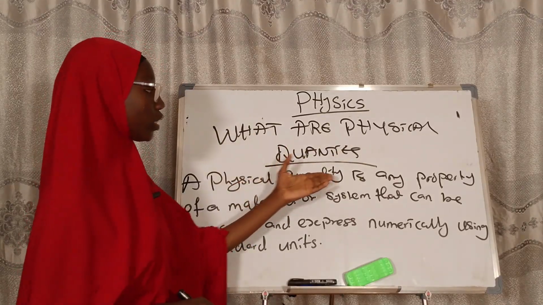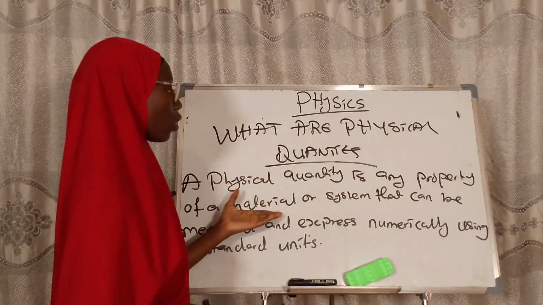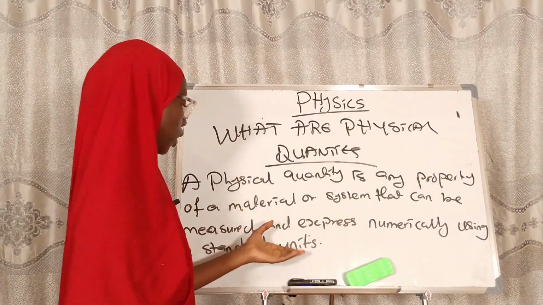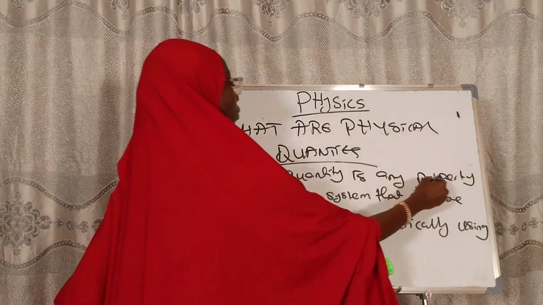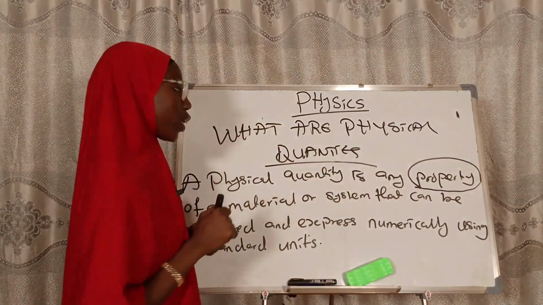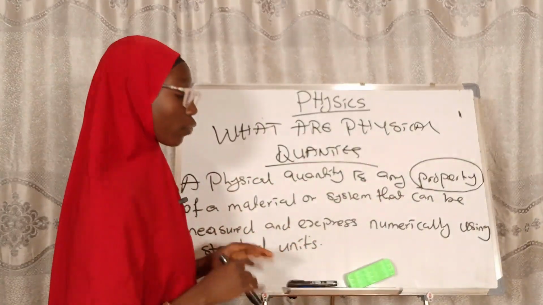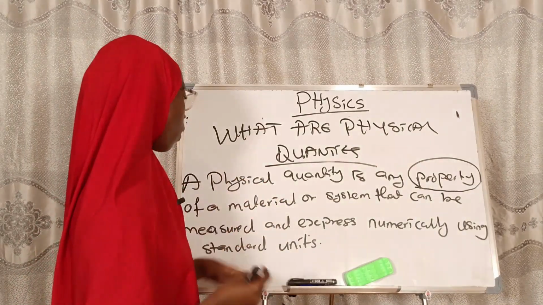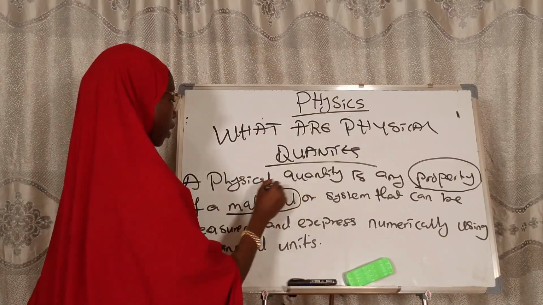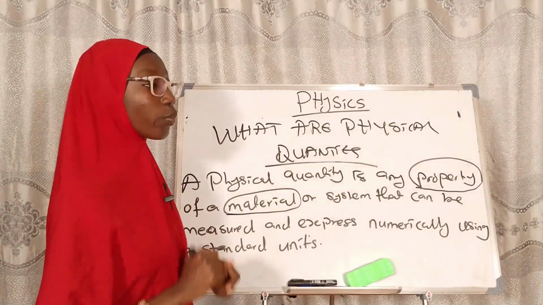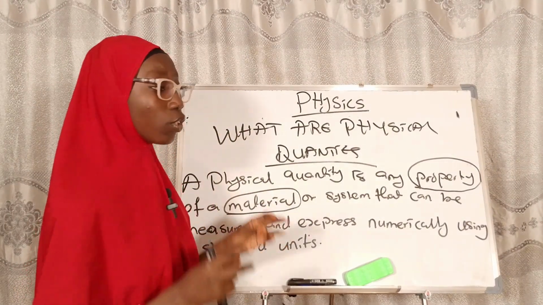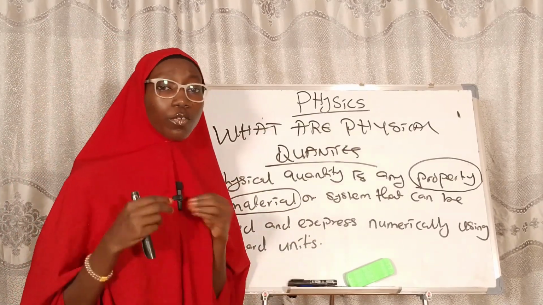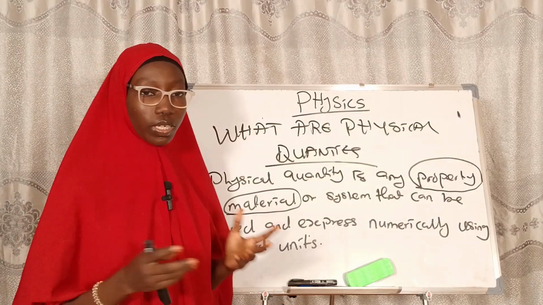A physical quantity is any property of a material or system that can be measured and expressed numerically using a standard unit. Property here means any visible characteristics of any material, like length, mass, color, etc. Why material? In science, if we say material, we mean any substance or matter that occupies space and has mass. It can be anything you can see, touch, or even feel, whether solid, liquid, or gas.